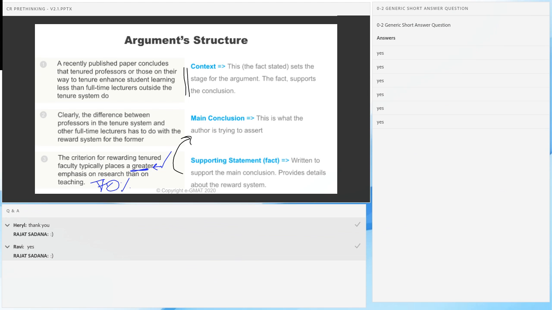Now, did you have this level of clarity when you were doing pre-thinking yourself? Did you have this? No. And you need to have this level of clarity. And for those of you who, despite being prompted, were unable to answer this question, you know you need to build this core skill where you need to learn how to visualize comparatives, how to read a statement.